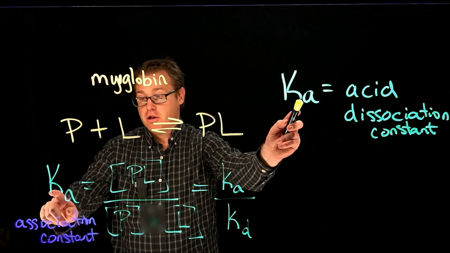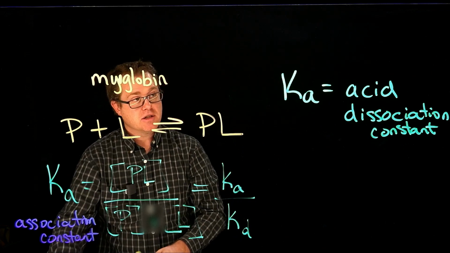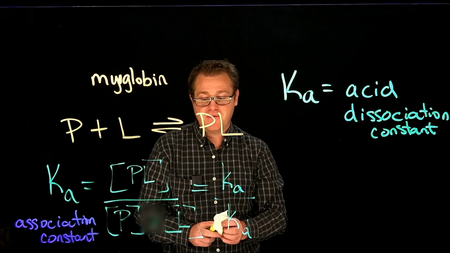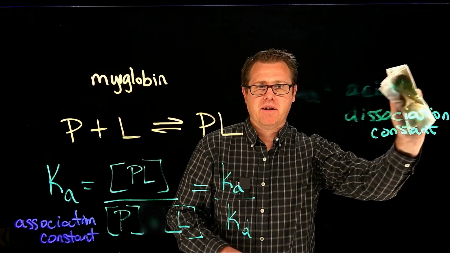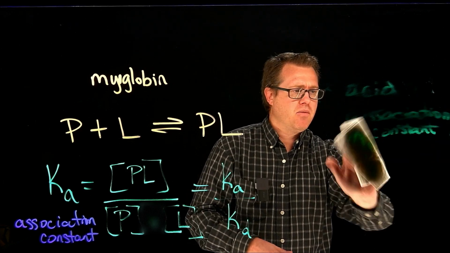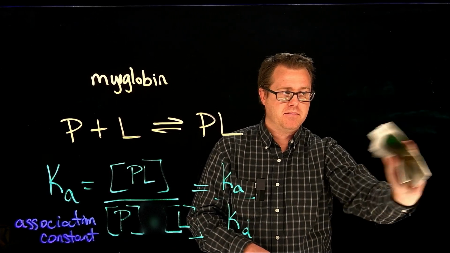They look the same, but they mean different things. So context is very important when you're trying to figure out what this Ka means. Is it an acid, or is it talking about protein equilibrium?